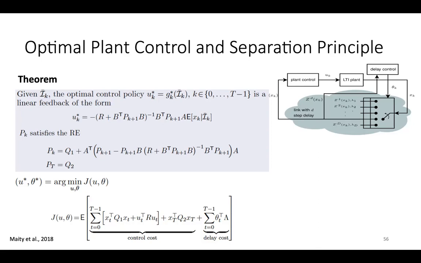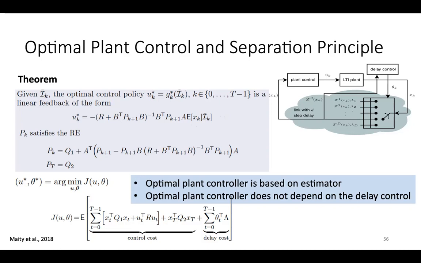This is interesting because the structure of the optimal control does not explicitly depend on the delay controller. It depends on the optimal estimate of the plant state, but not explicitly on the delay controller, which is a nice feature.